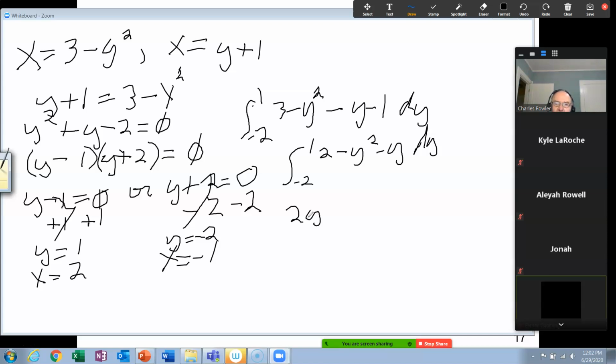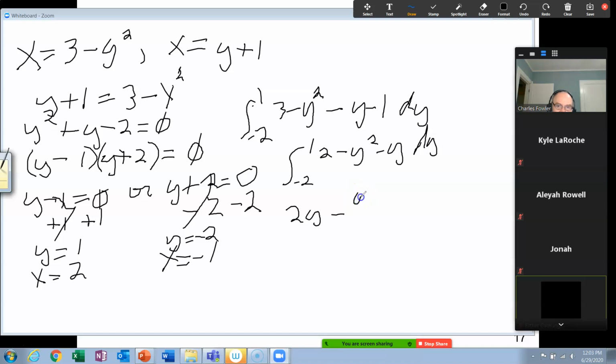You've got to have your variable in there. The exponent for the y here, you don't even see a y, do you? That means it's y to the 0th power. Increase that exponent by 1, that makes it to the first power, and divide by the 1. Well, you don't need the first power and you don't need to divide by 1. So that's just 2y.